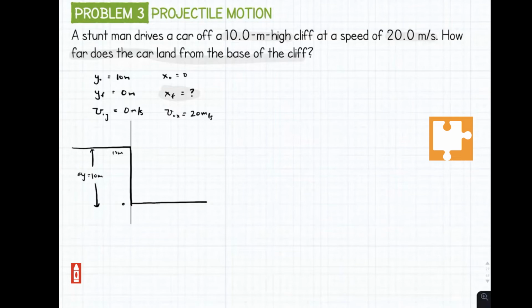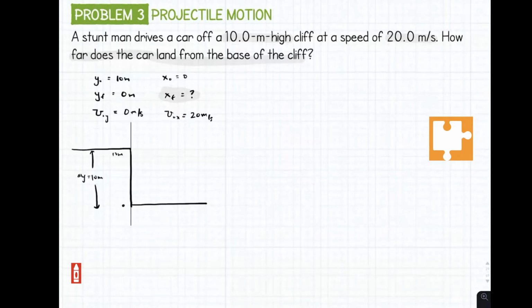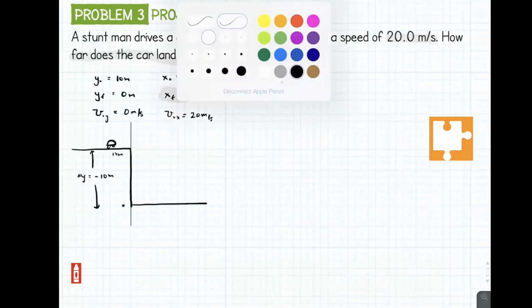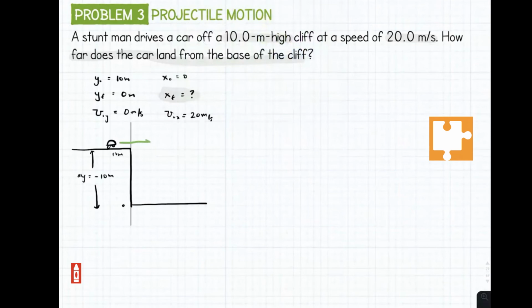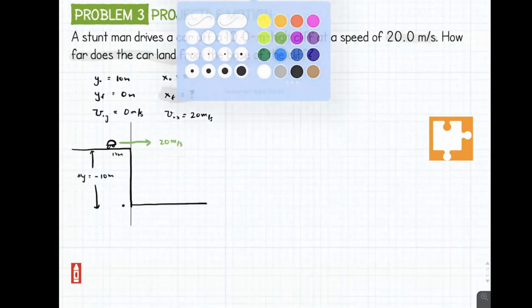So delta y would be negative 10 meters. So remember, delta equals final position minus initial position. So this would be negative 10. There's a car, right? It's got an initial velocity of 20 meters per second. That's this, okay? And it's going to have a trajectory that looks something like this.